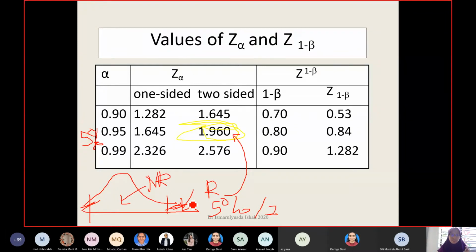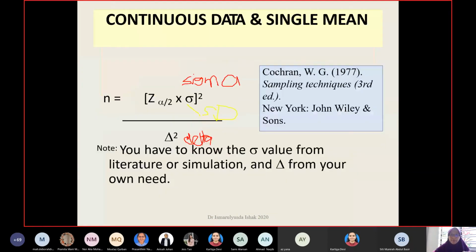When you're doing your study or research, there will be an error, and that 5% error is your alpha. The majority will choose 5%. If it is a very critical study, then you can choose 1%, that means 0.99. Your Z is 1.96.